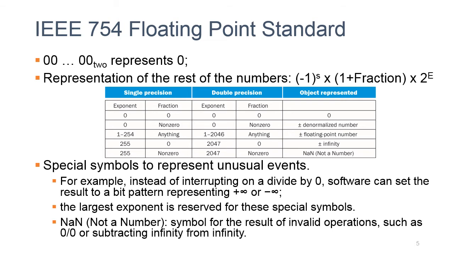For example, if we have a number with the fraction bits from left to right as s1 s2 s3 and so on, then when we convert them back into decimal we write it as minus 1 to the power s, times 1 plus s1 times 2 to the minus 1, plus s2 times 2 to the minus 2, plus s3 times 2 to the minus 3, plus s4 times 2 to the minus 4, and so on, times 2 to the power exponent.